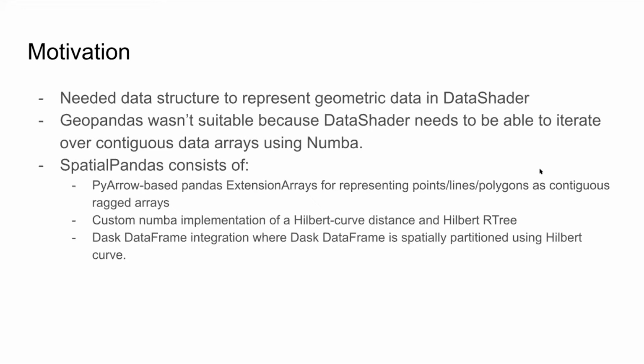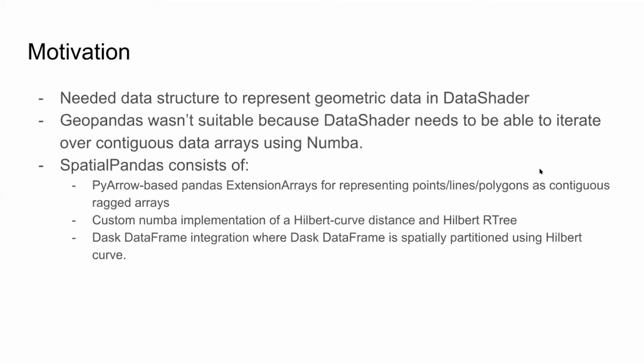So with GeoPandas holding on to arrays of Shapely objects, or even now holding on to references to the PyGEOS arrays, that wasn't really a good fit for the way Datashader worked. So the initial idea was just wanting to have a contiguous buffer memory representation of geometry columns that Datashader could use to render from.